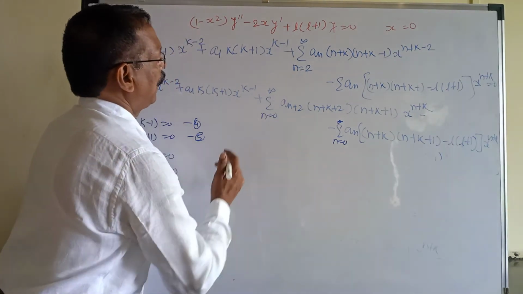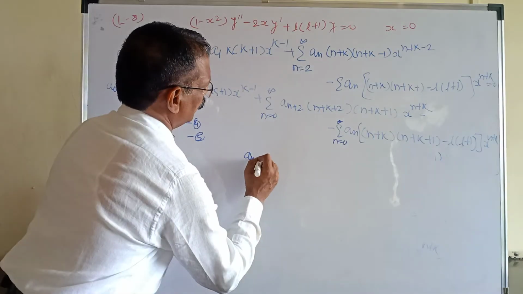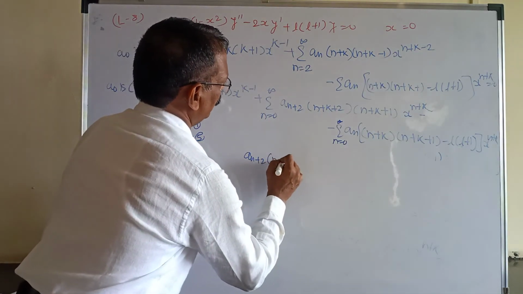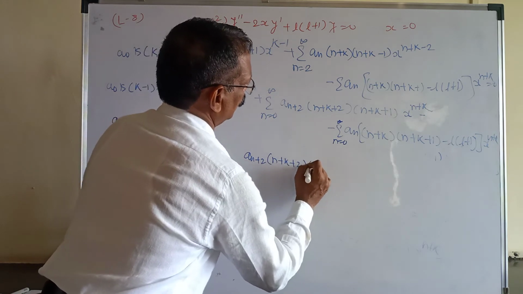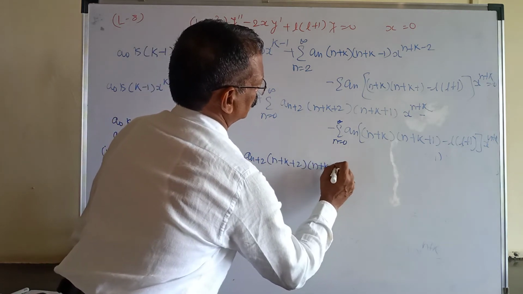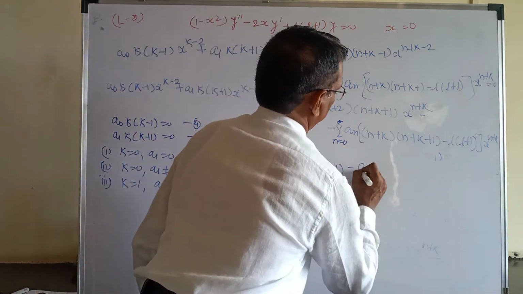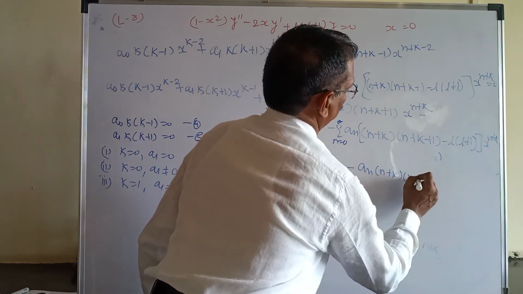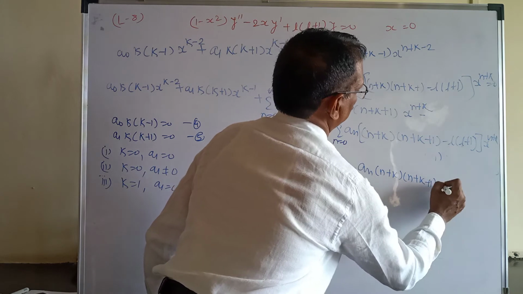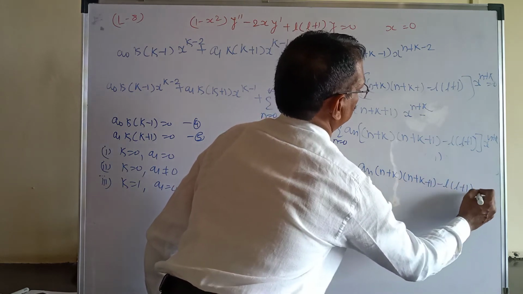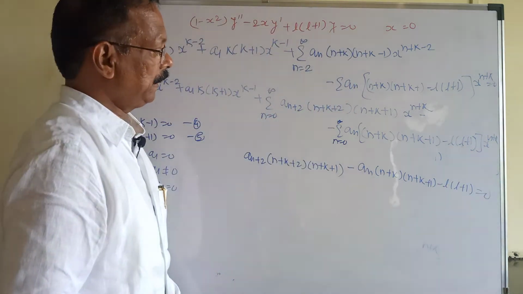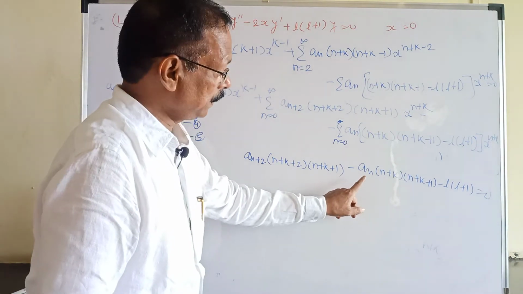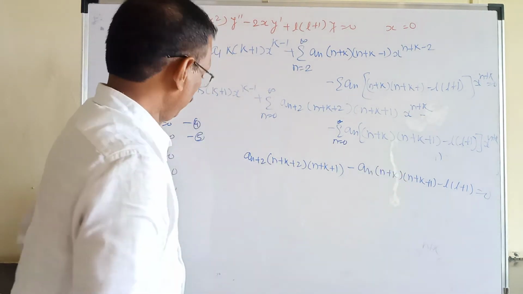Then our equation becomes a(n+2) into (n+k+2) into (n+k+1) minus n into (n+k) into (n+k+1) minus l into (l+1) is equal to 0. Now if we transfer this term to the right hand side, it becomes positive.